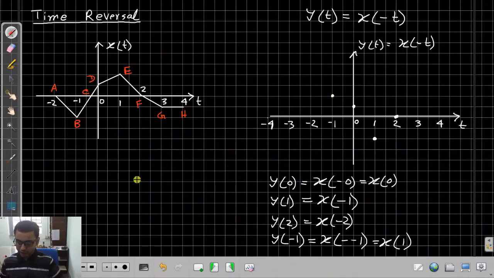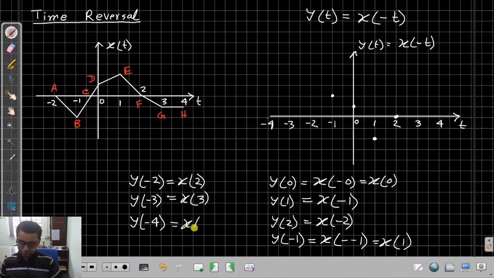If you continue like that, y of minus 2 will be the same as x of plus 2, y of minus 3 and y of minus 4 will be the same as x of 3 and x of 4, respectively.